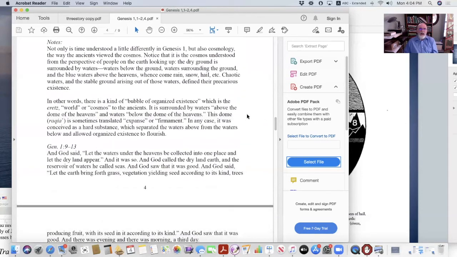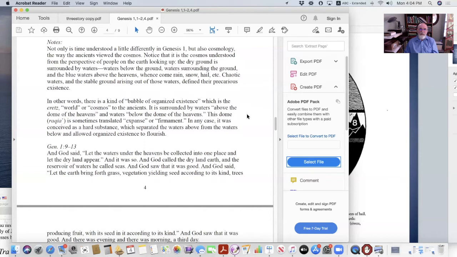Not only is time understood a little differently in Genesis 1, but also cosmology, how the ancients understood and viewed the cosmos. We call it the universe. Notice that it is the cosmos understood from the perspective of people on the earth looking up.